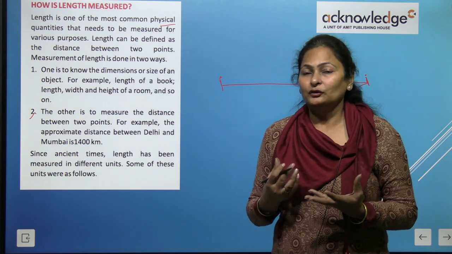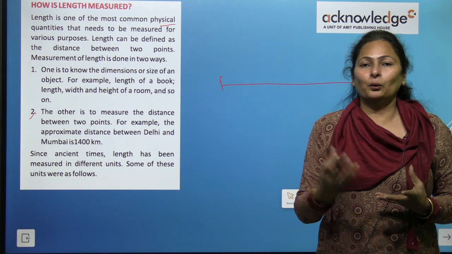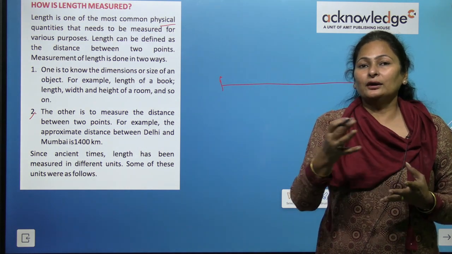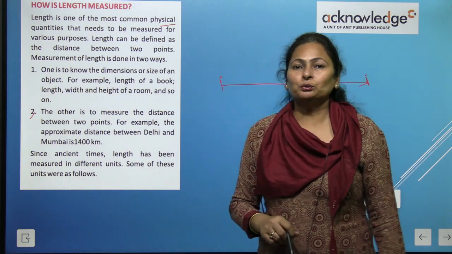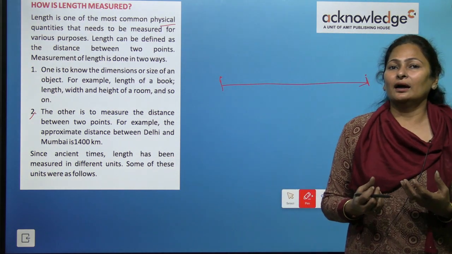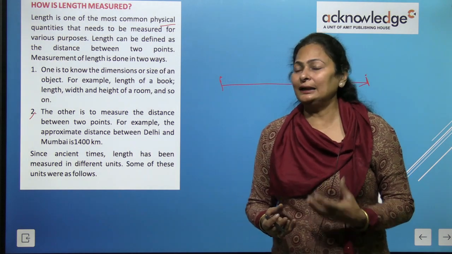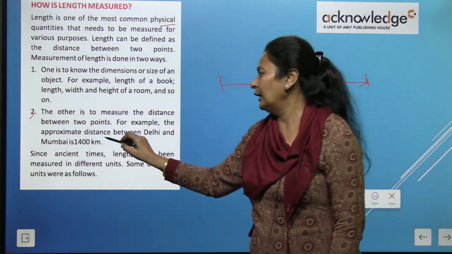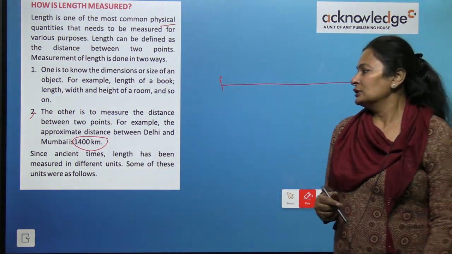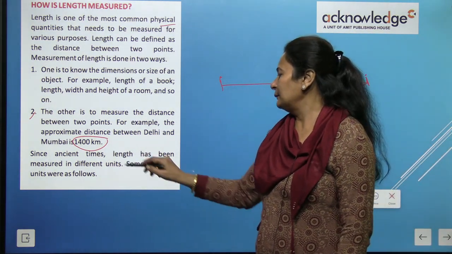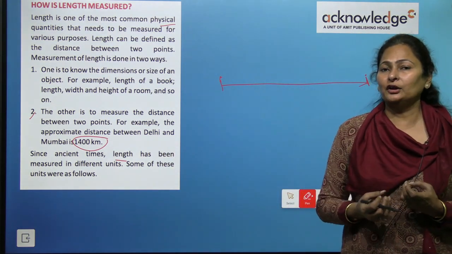It is not real. It depends on the route you are taking to reach from Delhi to Mumbai. They have just taken an example that the approximate distance between Delhi and Mumbai is 1400 kilometers, right?